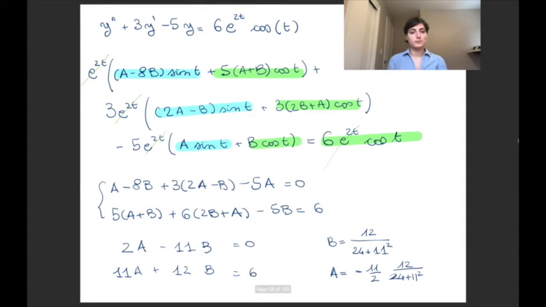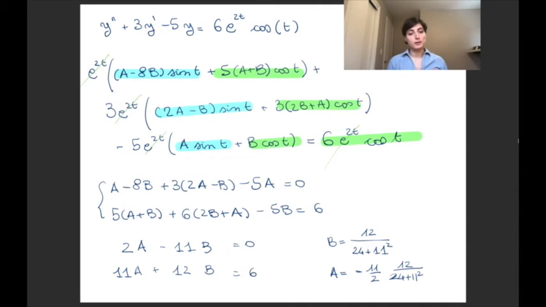So we can simplify things around, and as before, we want to group all the sines on one equation and all the cosines on the other equation. So we have one equation for the sines that require us to have a minus 8b plus 3 times 2a minus b minus 5a equal to 0.